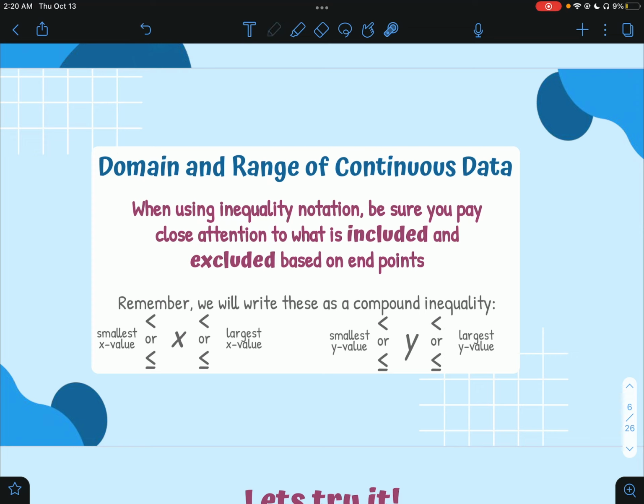You want to say it's from some number to some number. And today we're going to practice writing this out before we convert it to an actual inequality. Same thing when you get to the range. We're going to say it's from a number to a number. Then we're going to convert to an inequality.